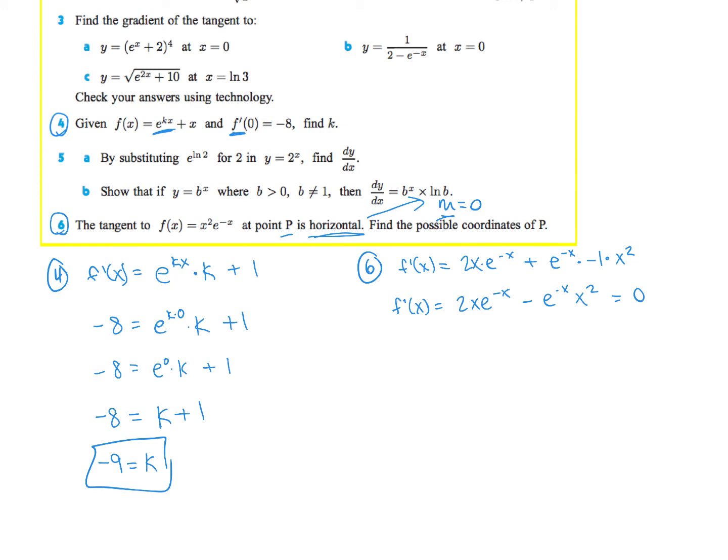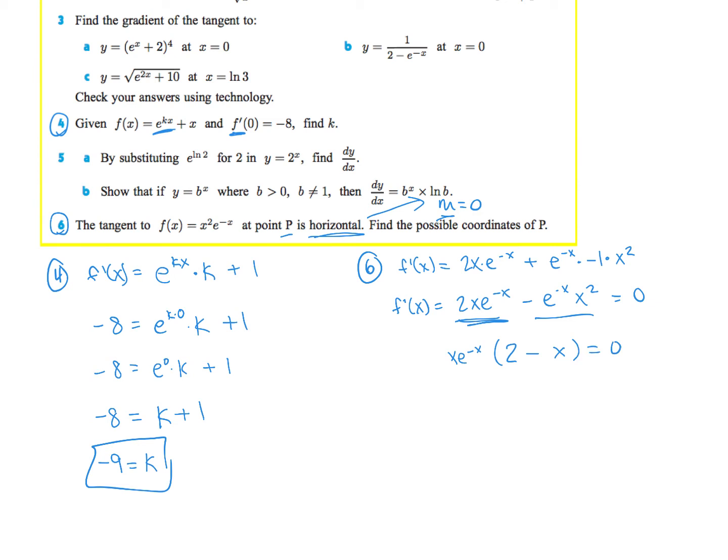Okay, so now what I'm going to do is I'm going to factor out, we have two terms, right? And both terms have 1 x and an e to the negative x. So what I'm left with in the first term is just a 2, and what I'm left with in the second term is just a minus x. So then, let's see what I can do.